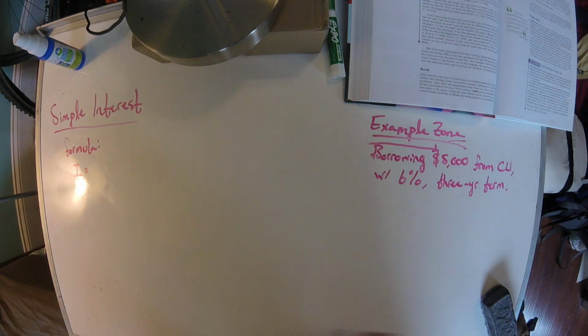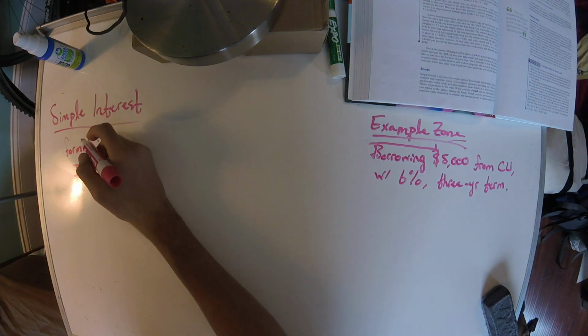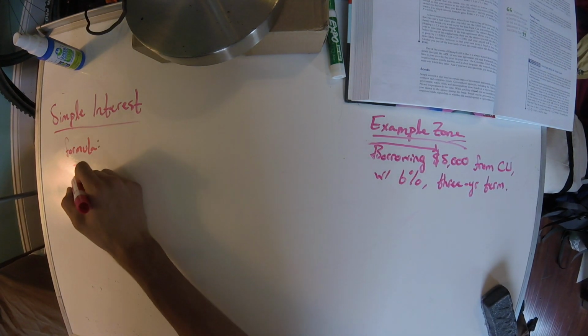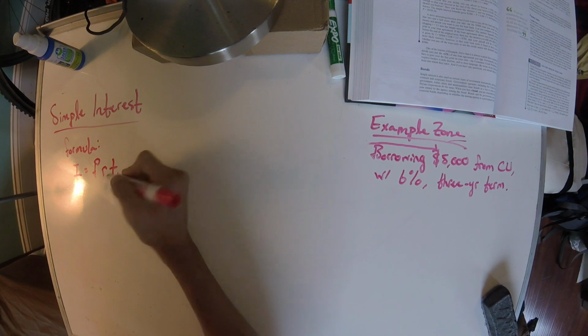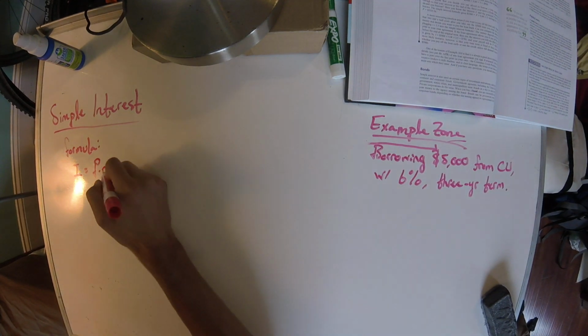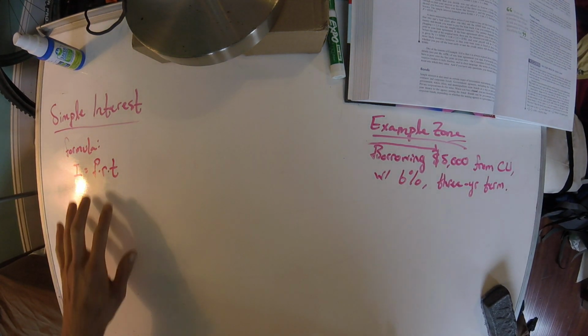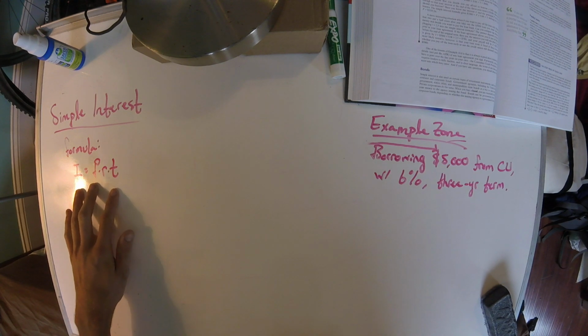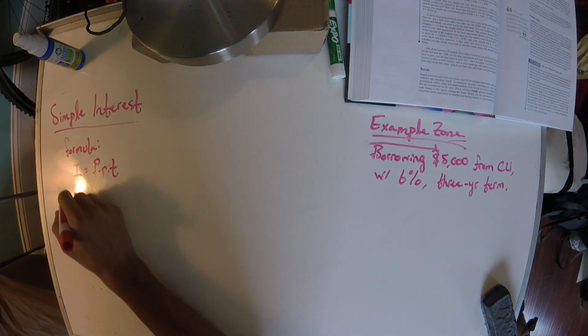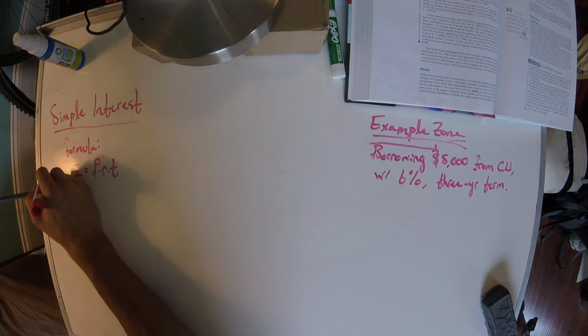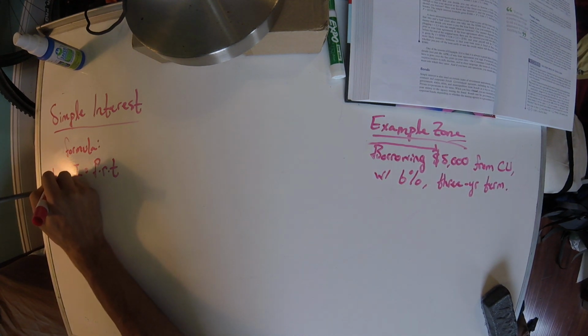The formula for simple interest is just the principal times the rate times the term. That would be just the extra that you pay. So just write interest here.